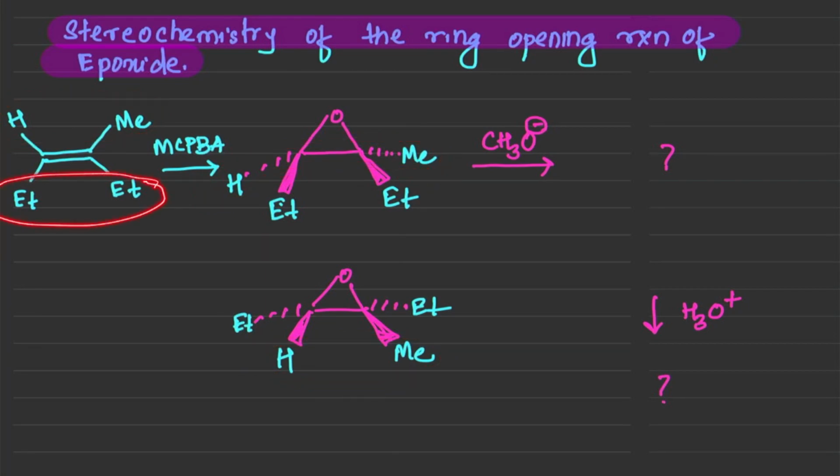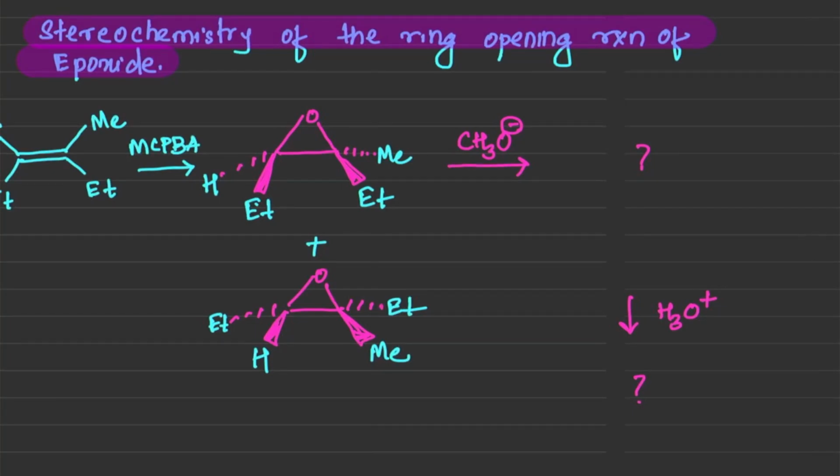Now, the ethyl groups were on the same side of the double bond. Here, both of these are on the wedges. Here also, both of these are on the wedges. Again, for exams, I would be perfectly fine if you don't draw this one out, okay? But just know that the other form also exists. Okay, so let's look at here. I will be using only one of the structures to show you the answers.